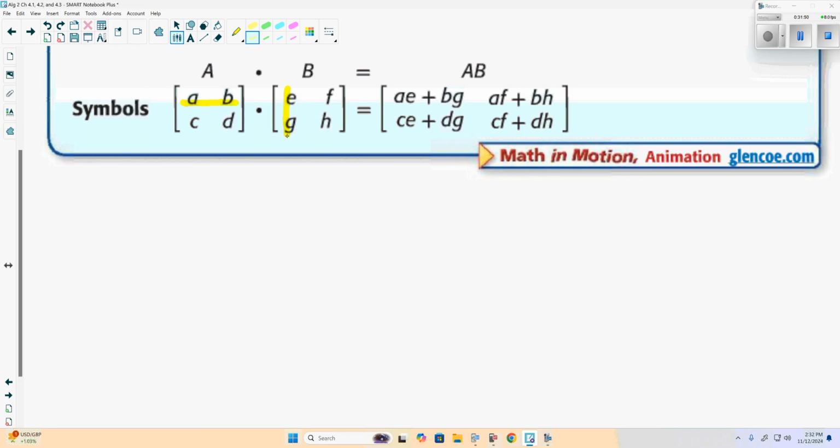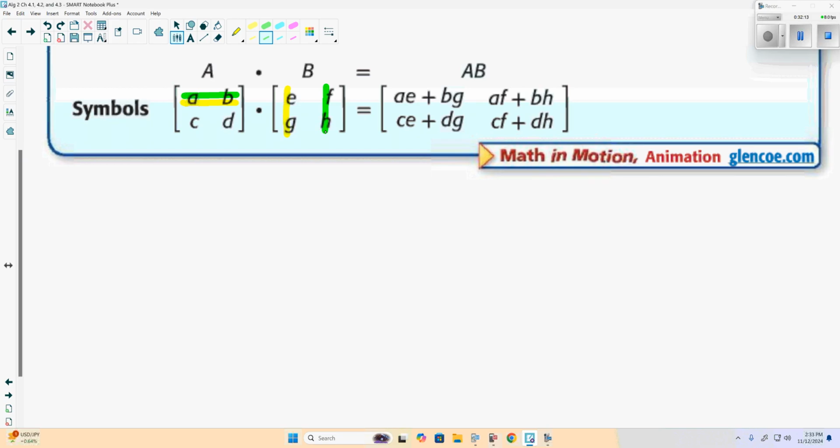Top element, next element, next element. And we do it again. First row, second column. If the second one had a third column, we would do first row, third column, first row, fourth column, and we keep going as long as we have that many elements.